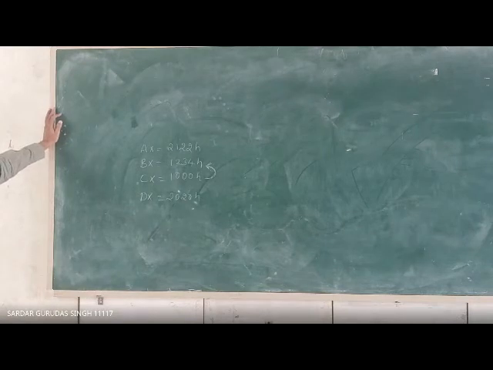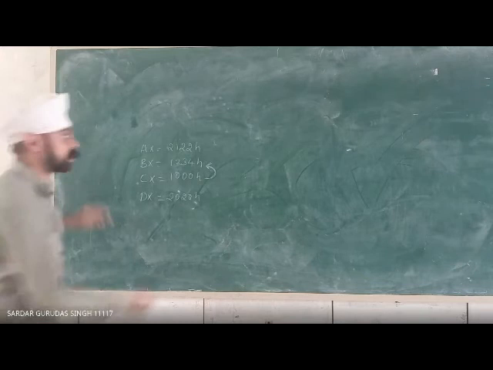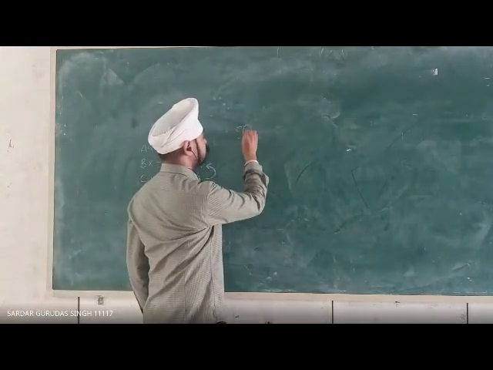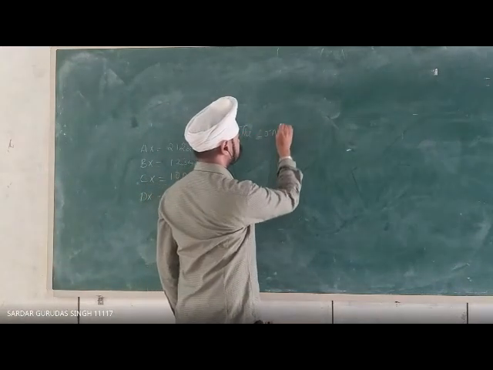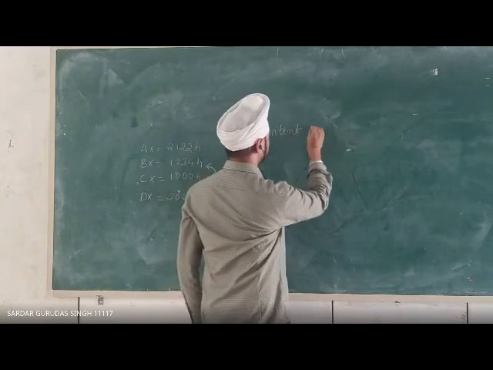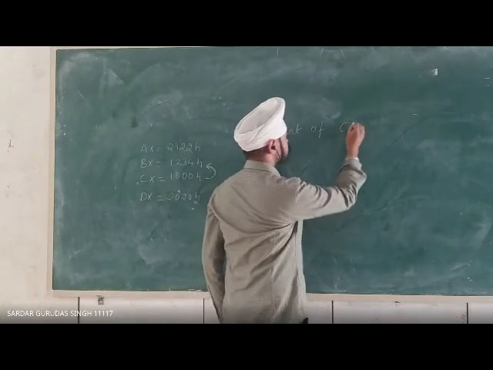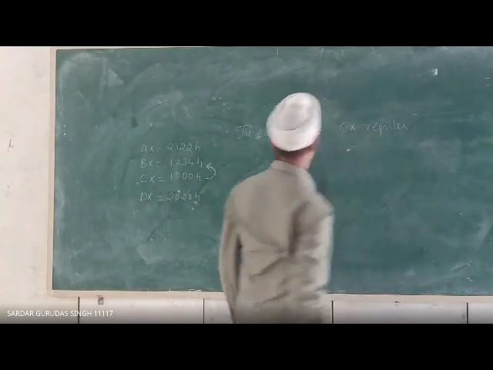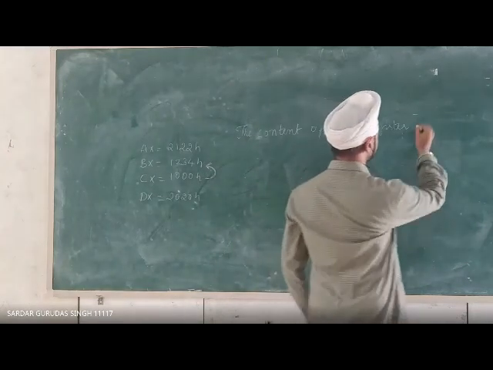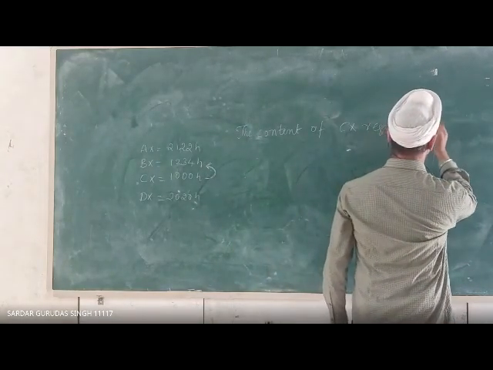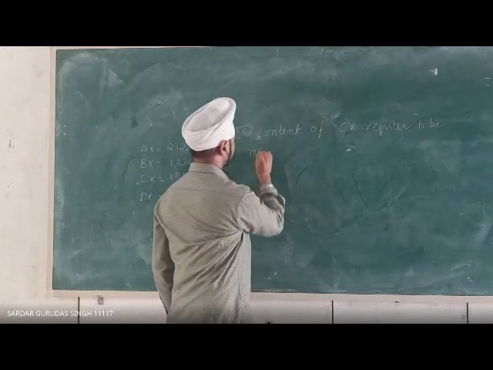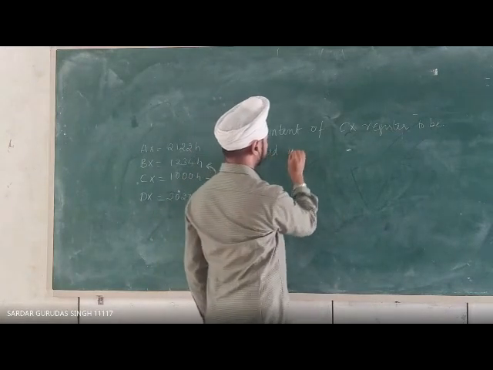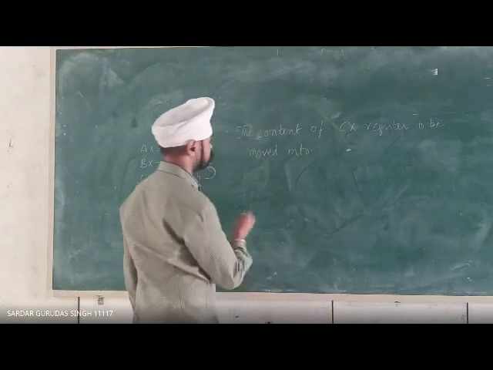What will you do now? Which type of addressing mode will you use? Our requirement is that the content of the CX register is to be moved into which register?